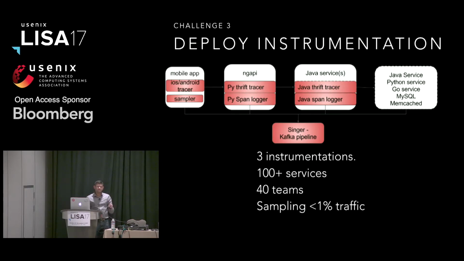And currently, we sample at roughly 1% of our traffic. At this rate, we were able to balance the quality of the trace, where we were able to capture more or less the data we want to capture, but with the least amount of overhead as possible.